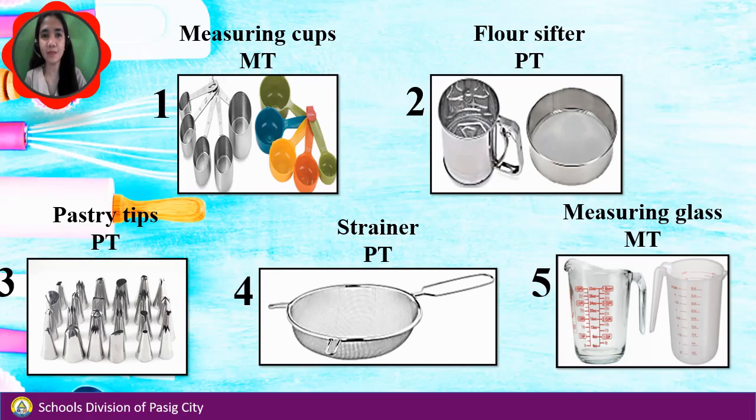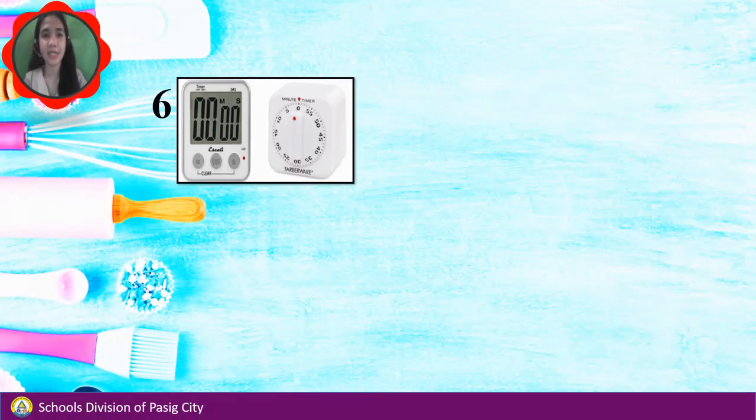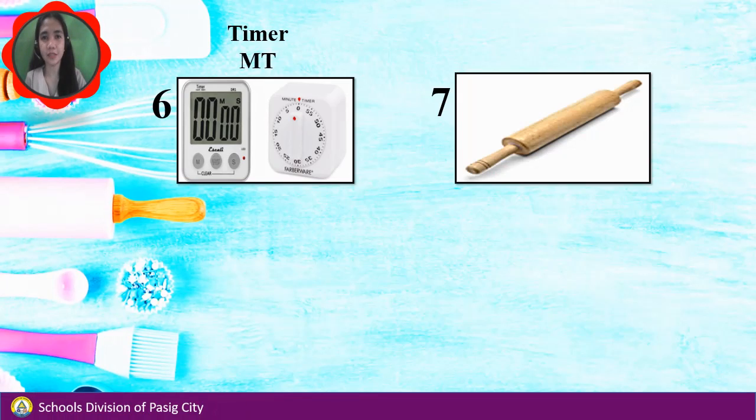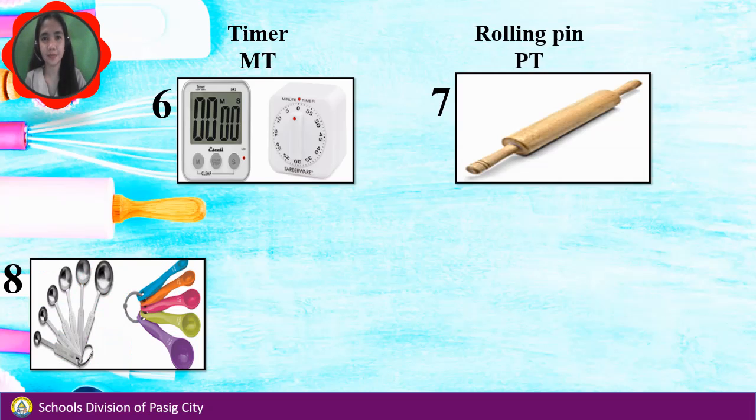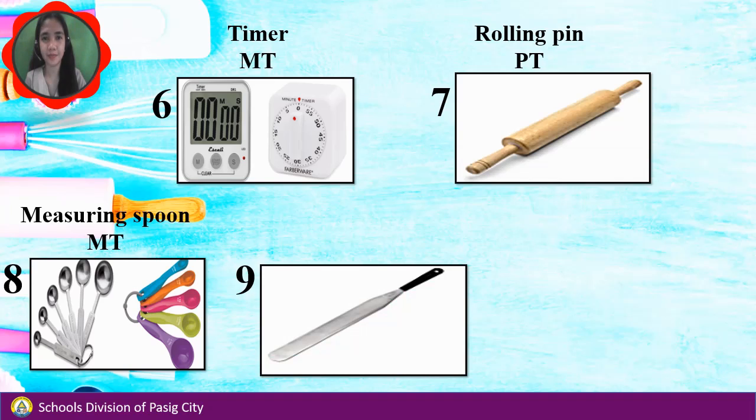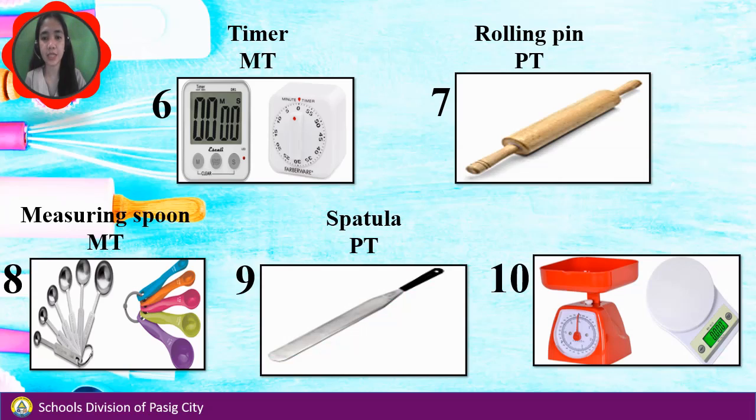Measuring glass, MT. Number 6. Timer, MT. 7. Rolling pin, PT. 8. Measuring spoon, MT. 9. Spatula, PT. 10. Weighing scale, MT.